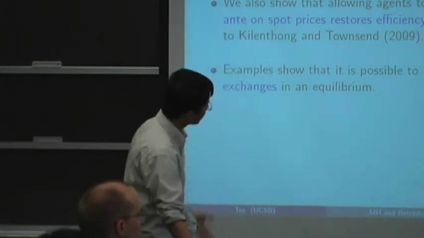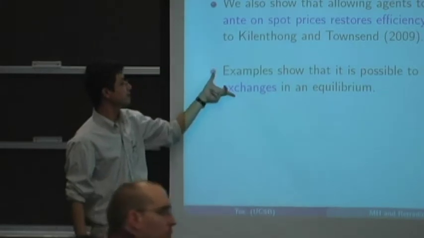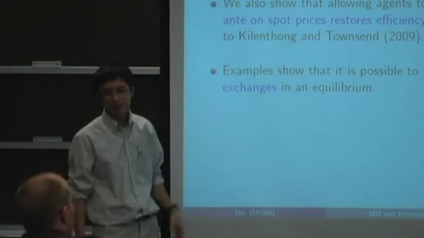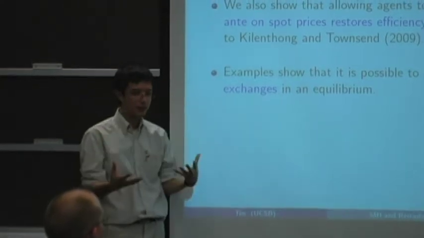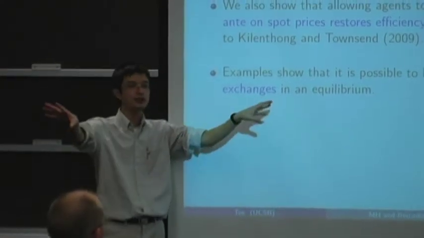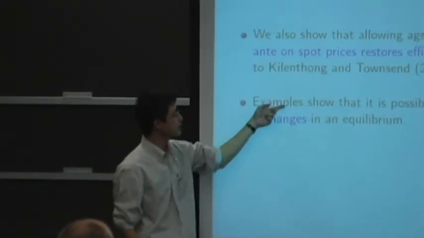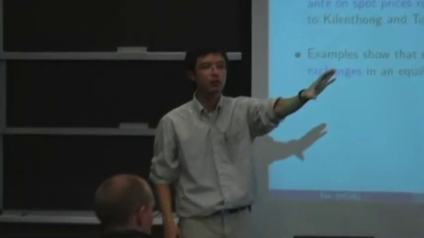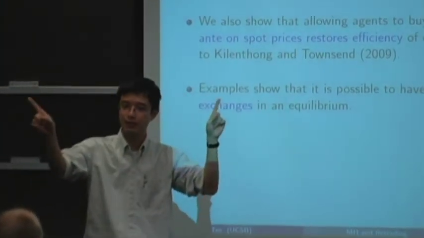Okay, and just for computation, once we solve the problem this way, examples show that it's possible, and optimal for the market, to segregate agents into different price islands or exchanges, in such a way that one group of people will trade with each other at one price, and another group may trade with each other at a different price.